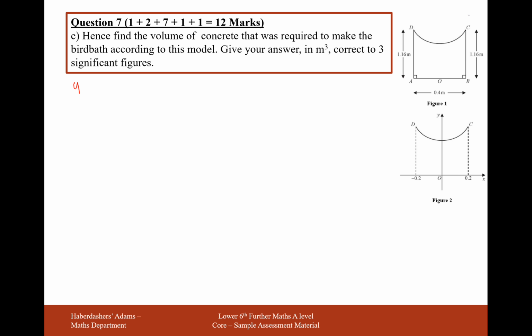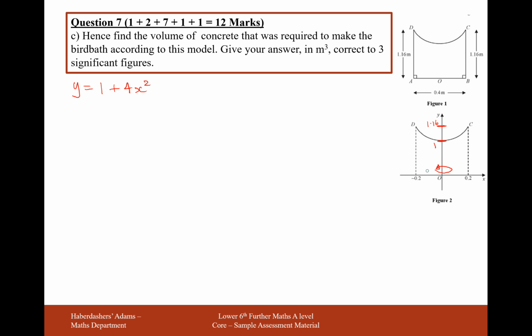Alright then, so for part C, it is time to now work out the volume of this bird bath. Now, what we're going to do here is we're going to be working out the volume that's around this y-axis. So we're going to be working with y-coordinates here. Just a reminder, that y-coordinate there is 1, this y-coordinate here is 1.16.